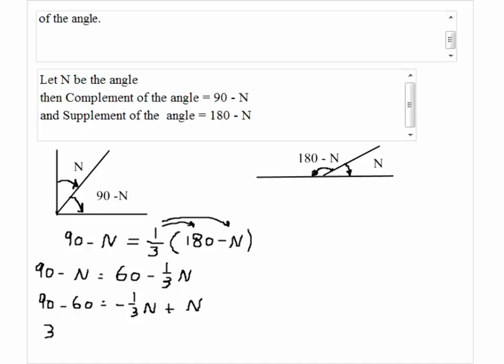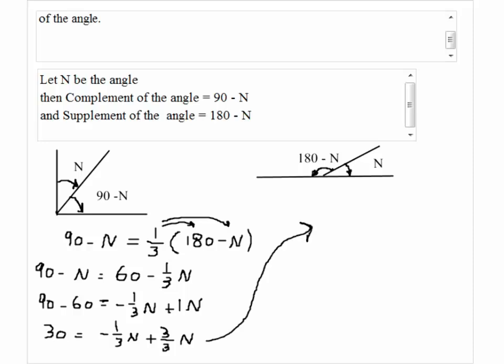So 90 minus 60 is 30, equal to minus 1/3 n plus 1 n. Instead of 1 n, I can put 3/3 n, so I can combine these two.